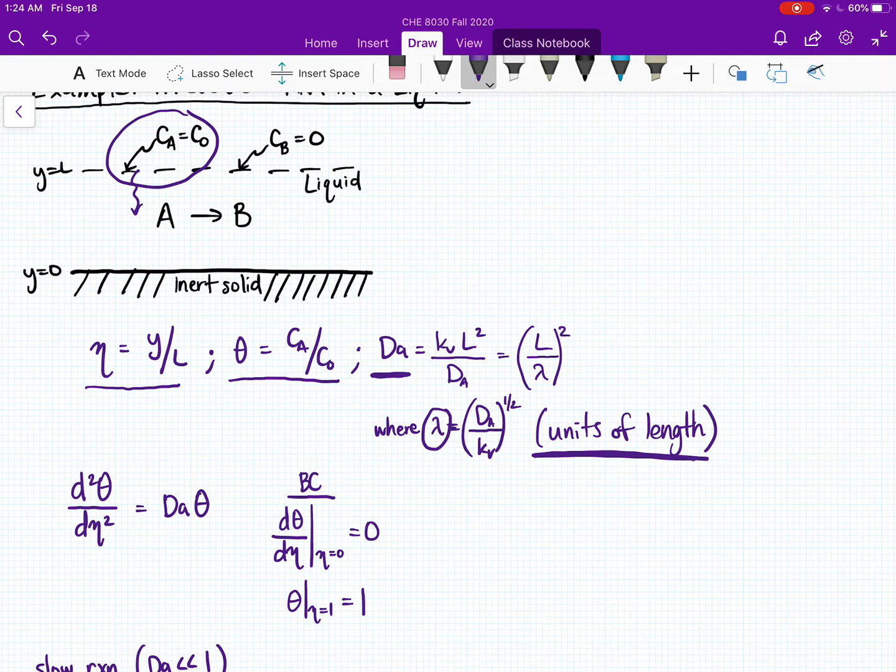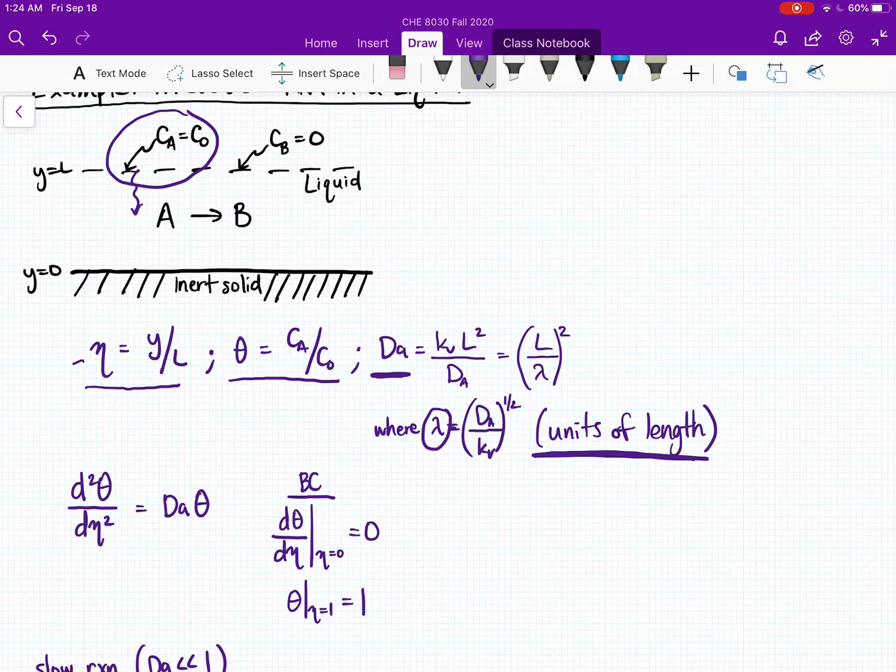Okay. So after defining our dimensionless variables, and quickly I'm going to interject here, I'm going to work through this relatively quickly because we have gone over this in previous lectures. So we defined our dimensionless variables.